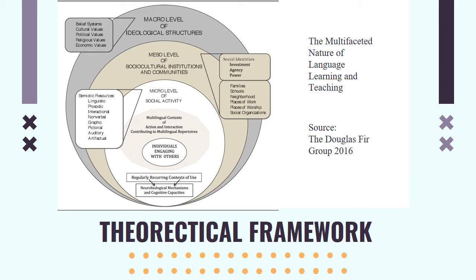The multi-layered complexity of L2 learning distinguishes three levels of mutually dependent influence as seen in the figure. We can see that L2 learning is an ongoing process that begins at the micro level of social activity, the meso level of sociocultural institutions and communities, and the macro level of ideological structures.